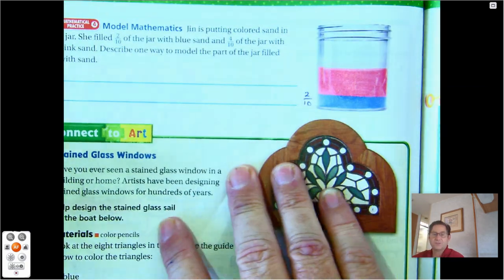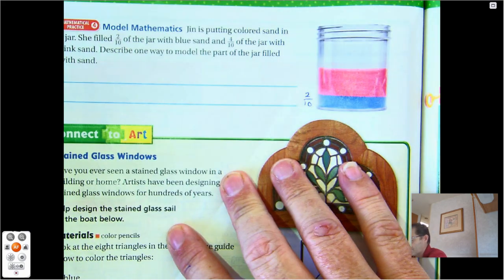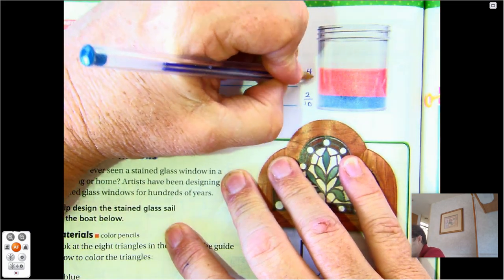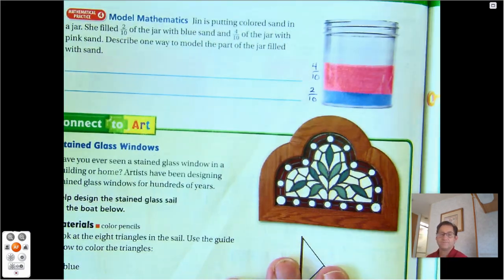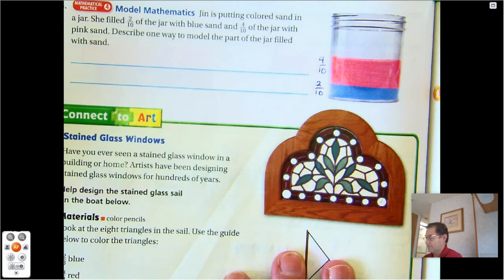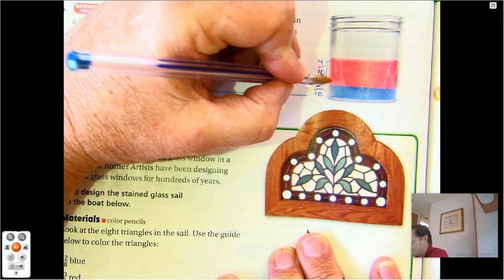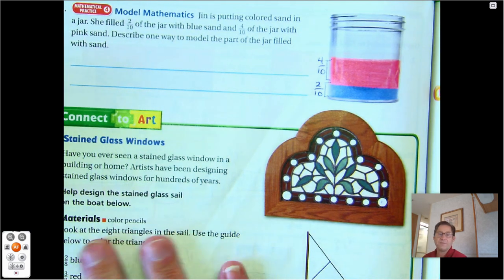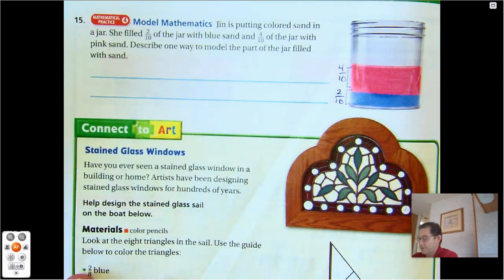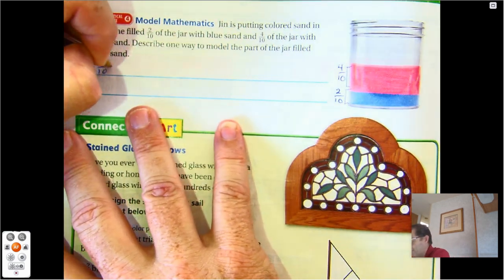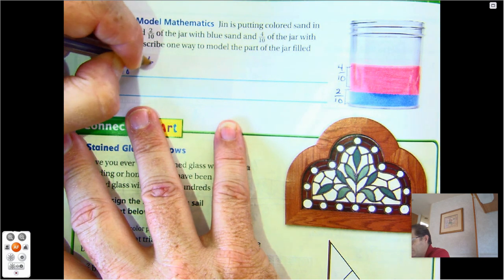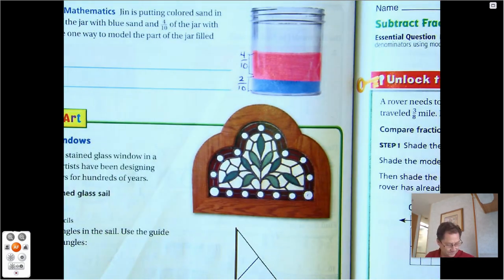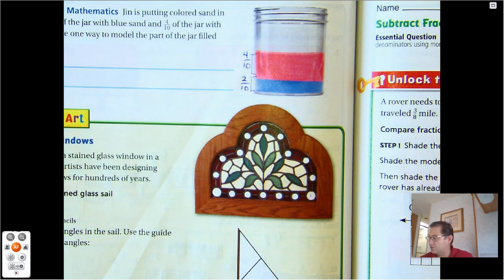We could call this 4/10. So how many total pieces would that be? 4/10 plus 2/10 will give us a total of 6/10.